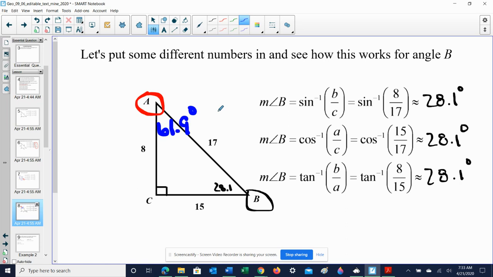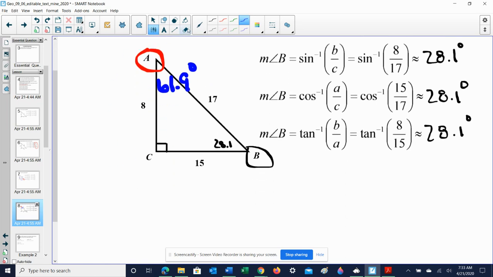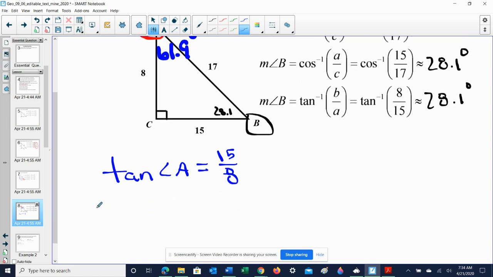Is that true? What ratio can we use to verify that? Let's use the tangent. What is the tangent of A in this particular triangle? Let's go to thinner. Tangent of angle A is equal to opposite over adjacent, right? 15 over 8. So what would the measure of angle A be?